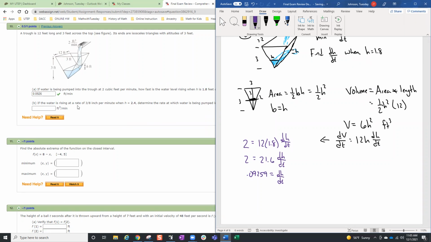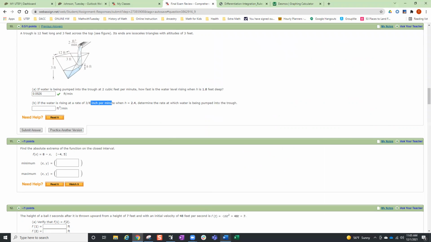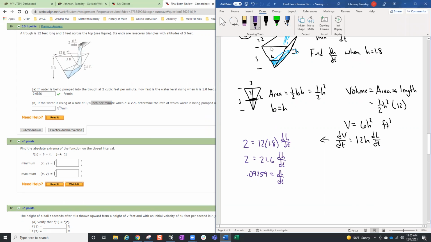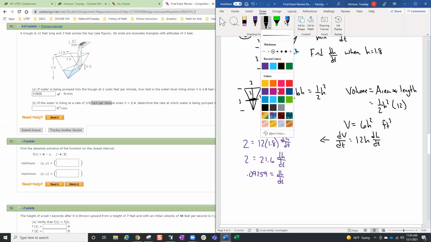If the water is rising at a rate of 3/8 inches per minute, oh, I remember Jennifer had to help me on this one. The second part of the problem, let's throw it down in dark blue.